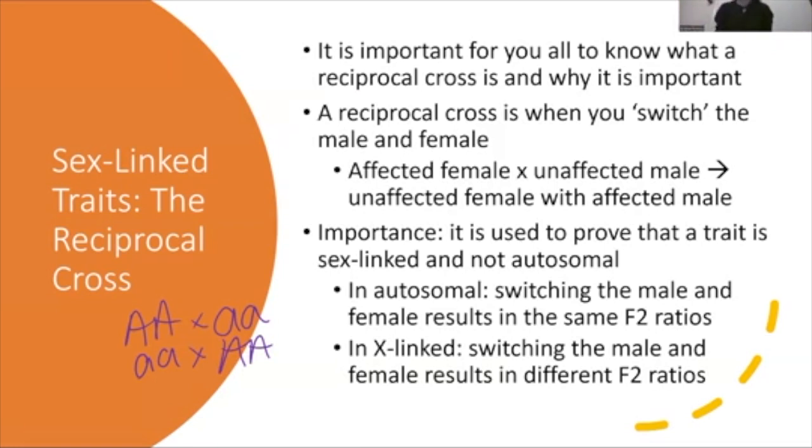However, in X-linked, if you switch them, you end up with a different ratio. And so whenever you're trying to see, like, you find a gene and you're like, is it on the X chromosome or is it on one of the autosomal chromosomes? You can do a very easy test by just flipping the male and female characteristics and saying, okay, were the ratios the same as before? Are they different? If they're the same, it's autosomal. If they're different, then it's X-linked.